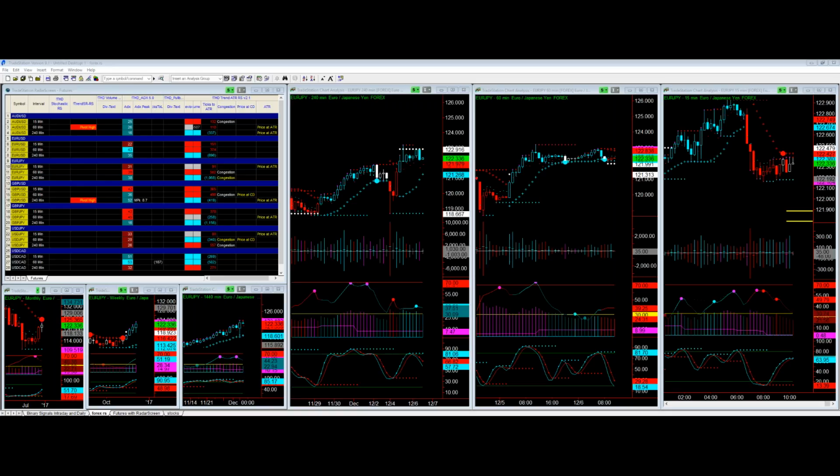Let's go in and see where it's at the moment. It's going to be a close one because of the 45-minute congestion dot.